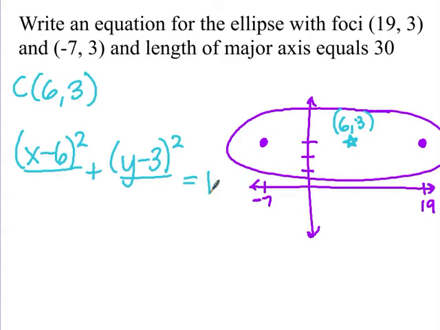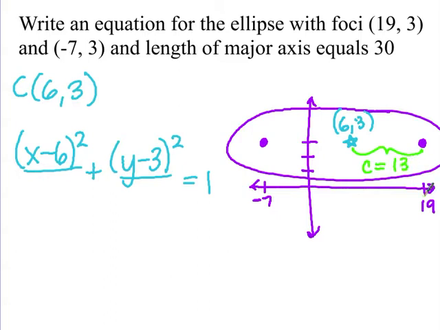So let's figure out what we know. What do I know based on my diagram? Okay, what is this right here? C, what does C equal? 13. So now I've got to figure out what A is.